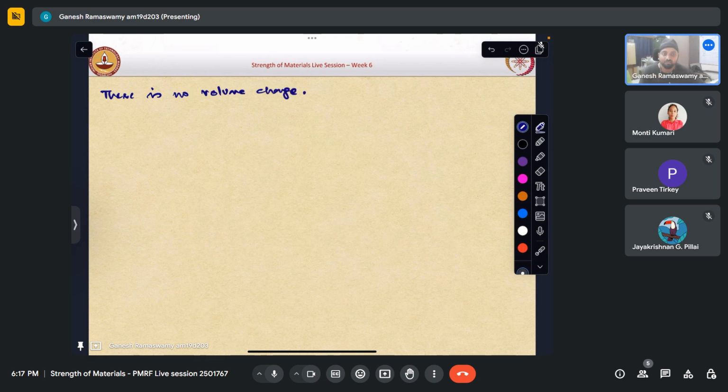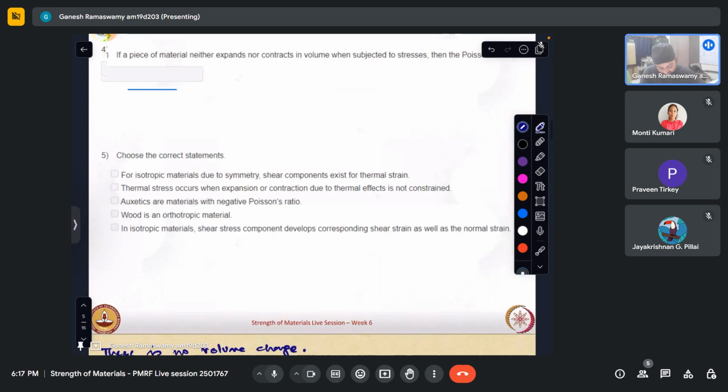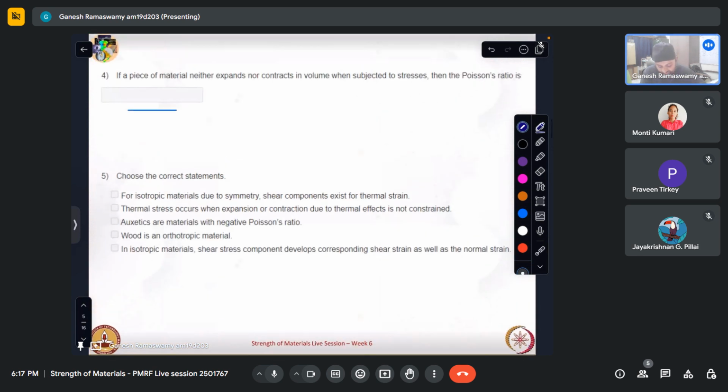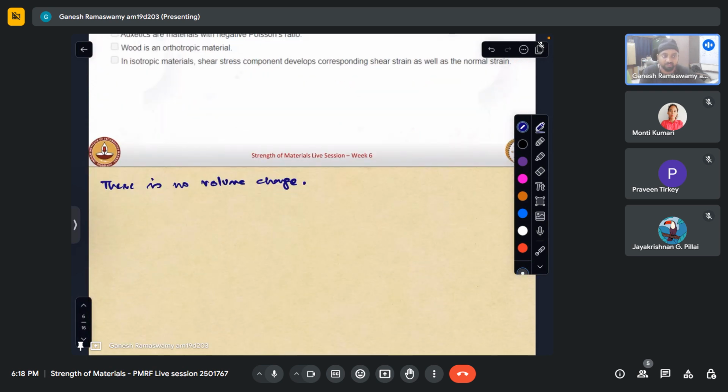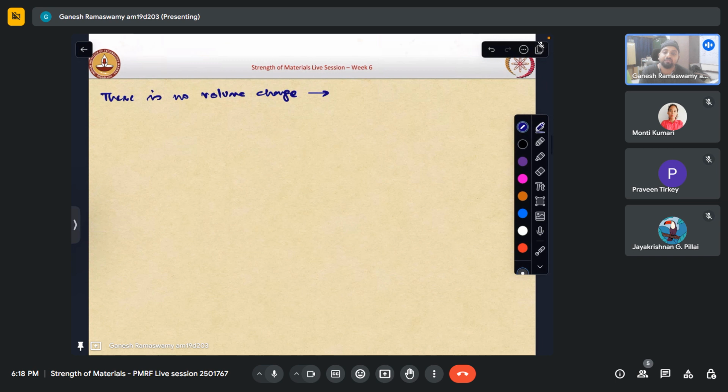Meaning, what this implies is I'm applying the stresses, but it is neither expanding nor contracting, so it is nearly incompressible. So for such a rigid material, so to speak, what will our Poisson's ratio be approaching? For this, the approach we can take is we will see what happens in the case of a deformable, first of all, a compressible material. Then we can set that change to 0 and see how that comes about.